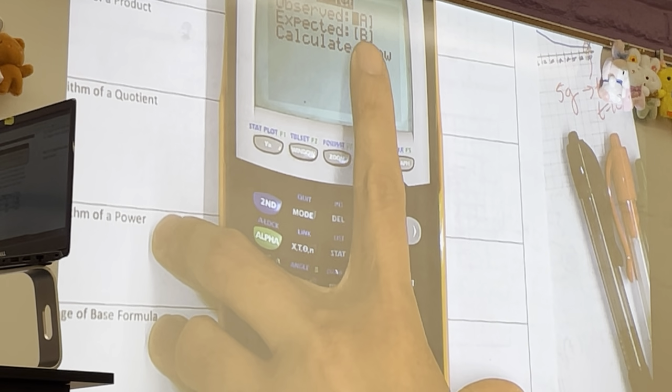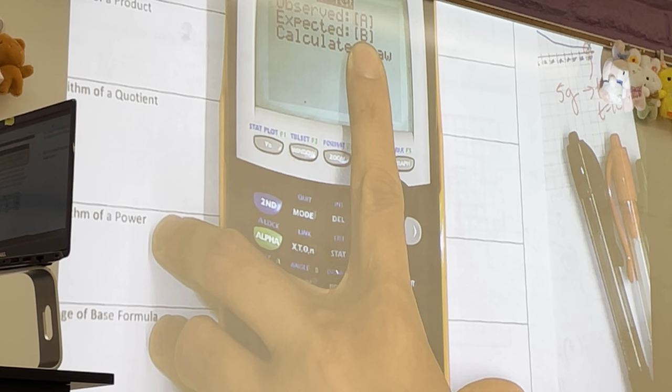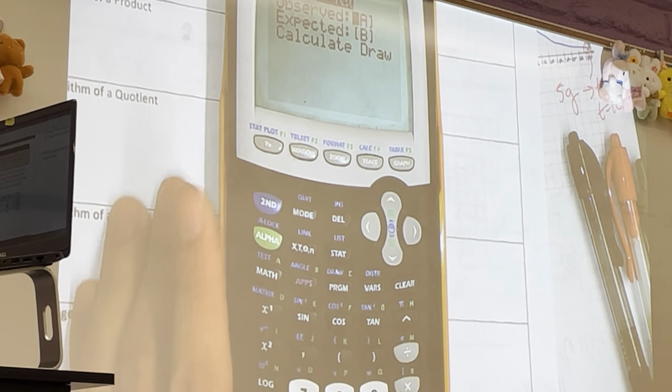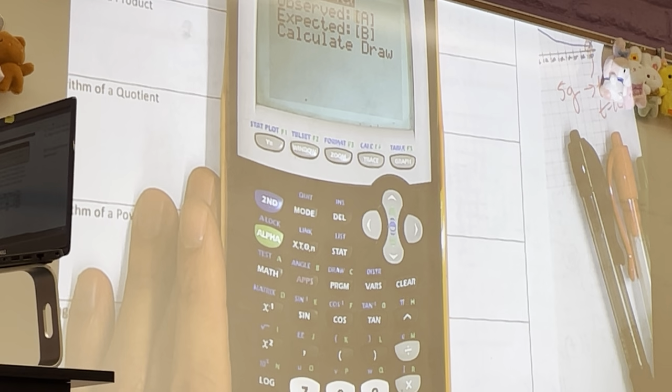The reason is that whatever matrix you specify right here, the calculator is going to put the expected counts in that matrix automatically. So even though you don't have anything in B, or maybe you do, you don't have to worry about it because the calculator will override it.